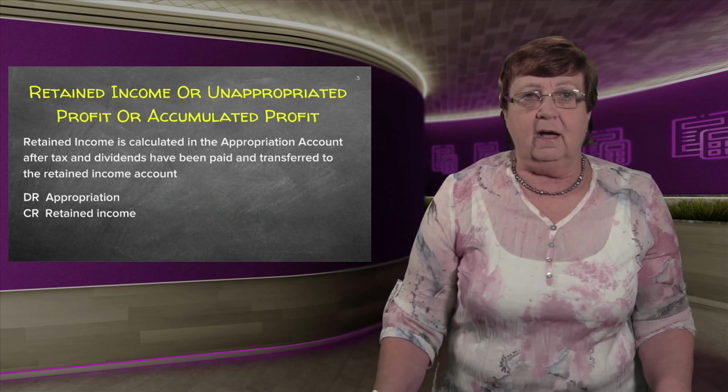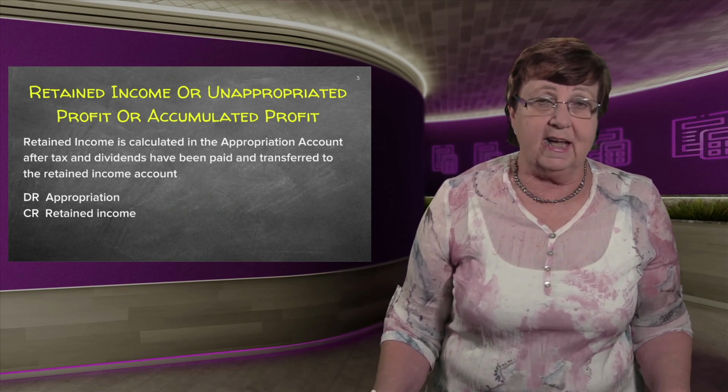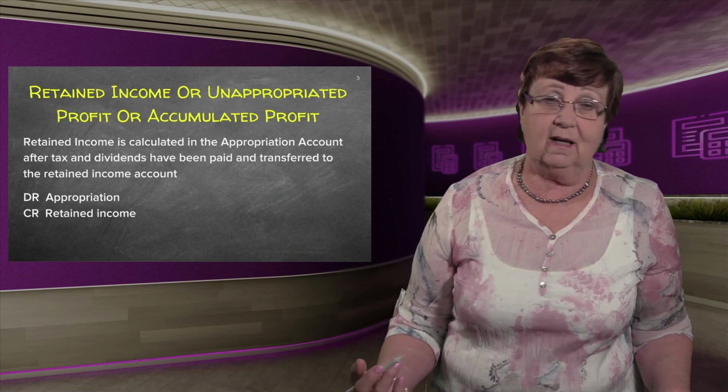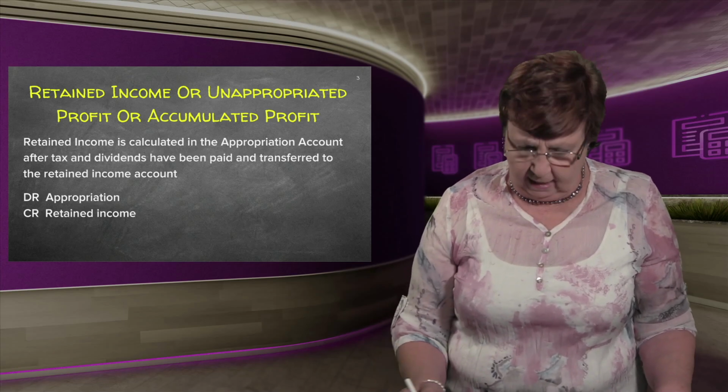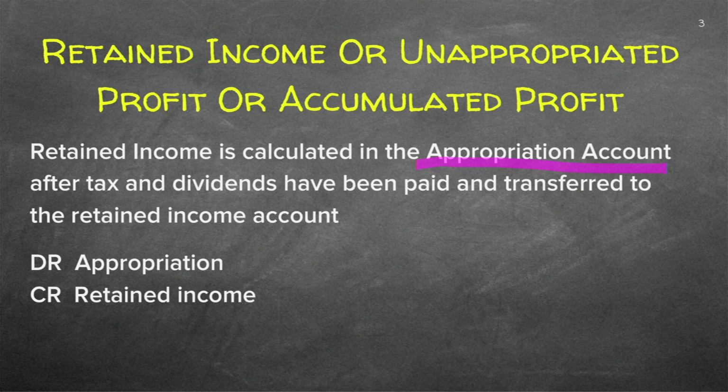So where do we calculate our retained income? For the lesson, I'm just going to use the term retained income. It is calculated in my appropriation account after tax and dividends have been paid. Quite simply, my net profit appears in my appropriation account.